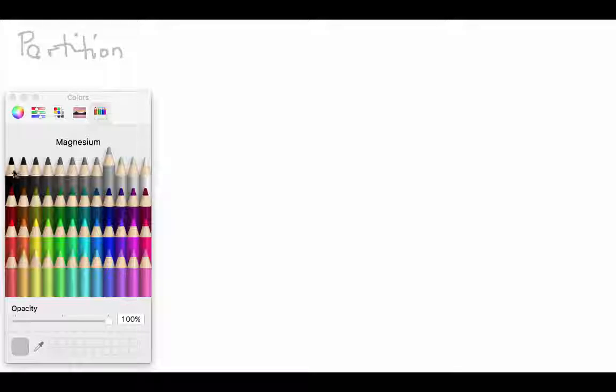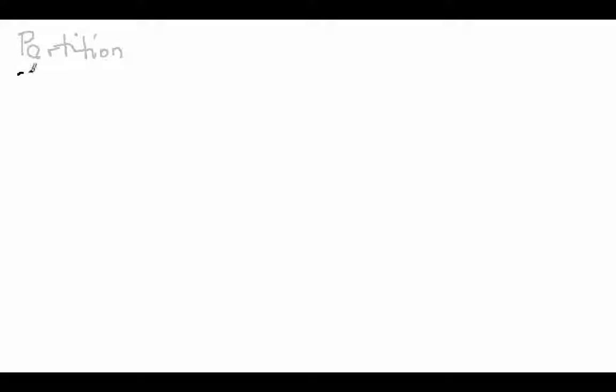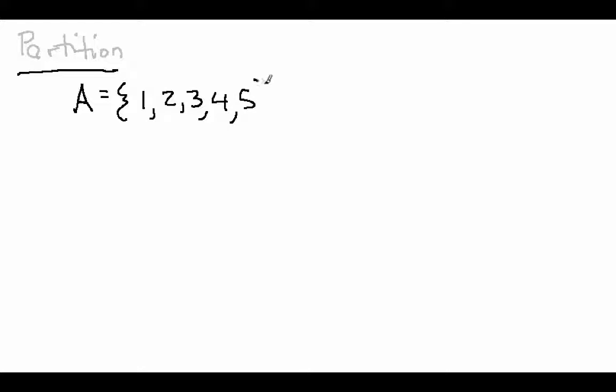Okay, we want to introduce the notion of what a partition is. Let's change our color. We'll go back to black. So what we want to suppose here is that we have a set A. We'll make this pretty simple right now. 1, 2, 3, 4, 5.